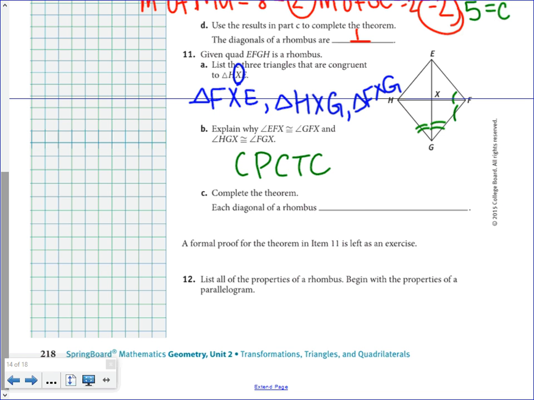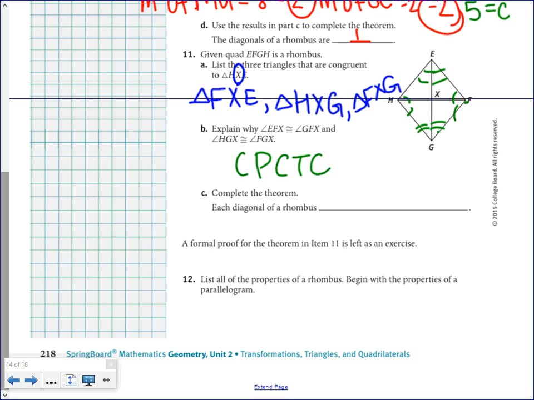We have triangles that are congruent, and those are the corresponding parts. And so if our triangles are congruent, the corresponding parts are also congruent. And so something to notice, these angles here are going to be congruent to these 2 angles. And these angles here are congruent to these 2 angles. And so that leads us into this next theorem.